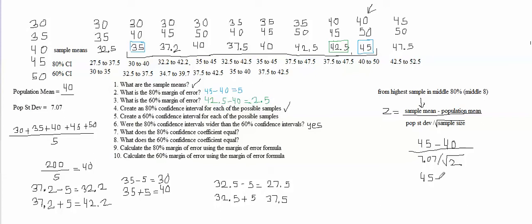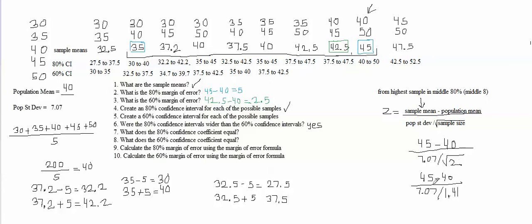So it's 45 minus 40 over 7.07 over 1.41. That's about what the square root of 2 equals.